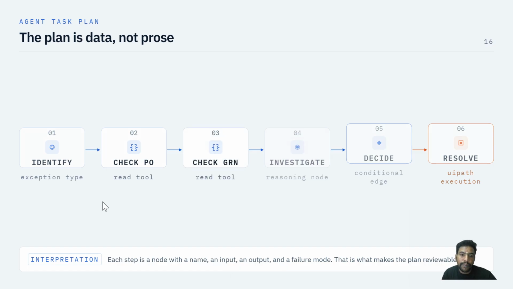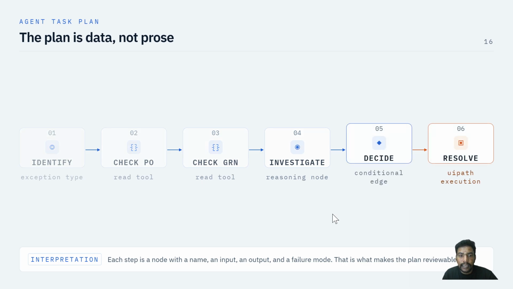When a planner produces prose, you get something that reads beautifully and cannot be executed, monitored, or resumed. When the planner's output is structured, every step becomes observable.